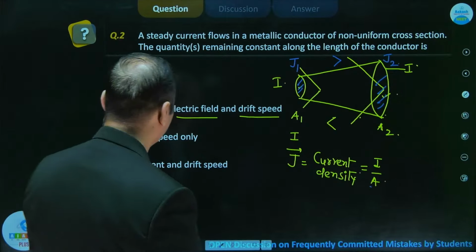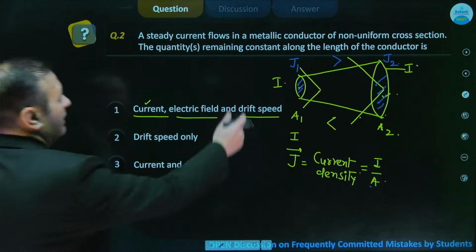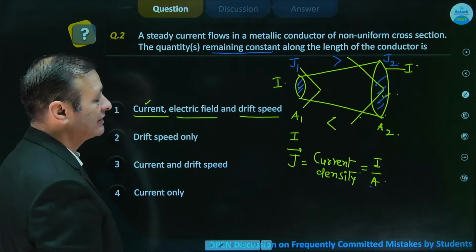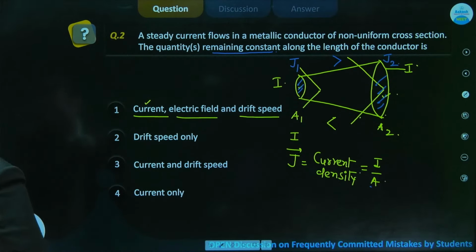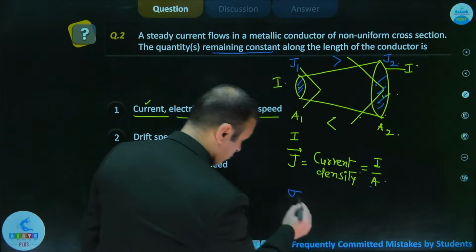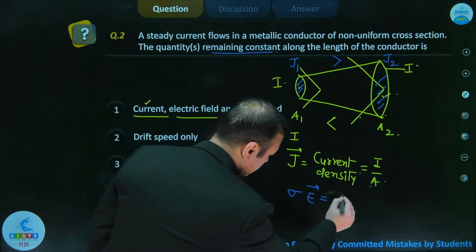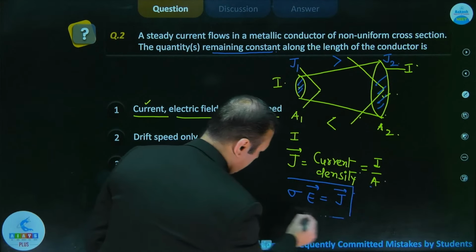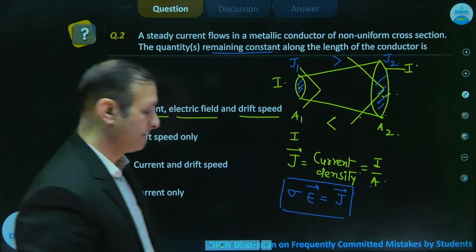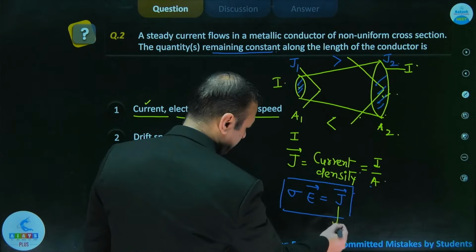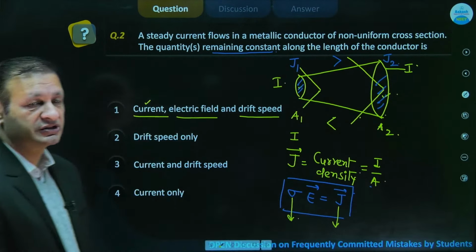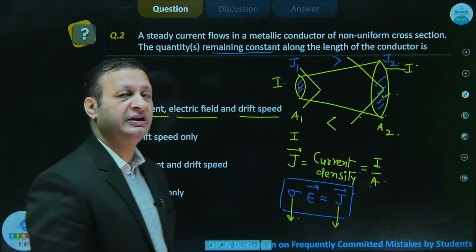Now the second one, we have to say whether it is constant. Okay, current is constant, we got that part. Now let's see the electric field. Can the electric field be constant? Sigma times electric field is current density. So this is another important formula we have. Can you identify this symbol? Sigma stands for conductivity, which is a material dependent constant.